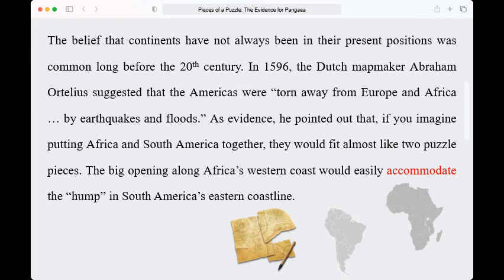In 1596, the Dutch mapmaker Abraham Ortelius suggested that the Americas were torn away from Europe and Africa by earthquakes and floods.